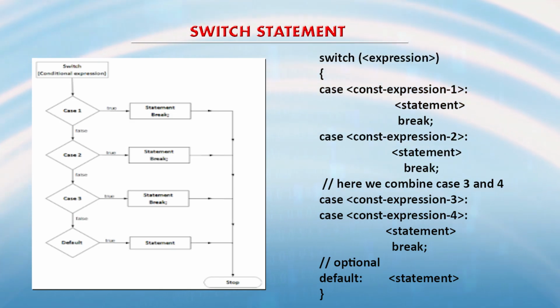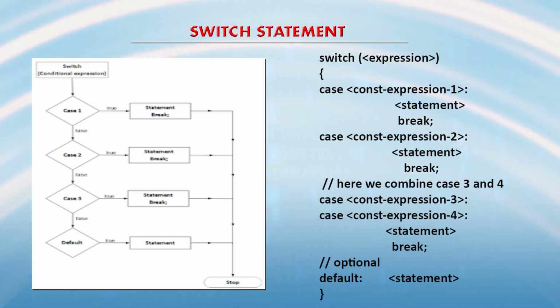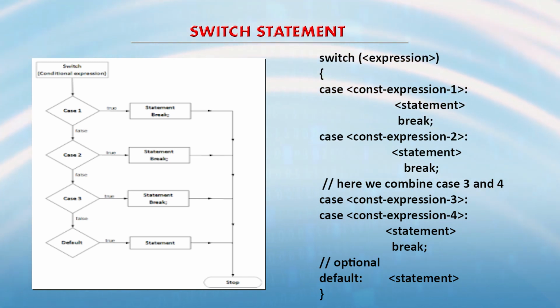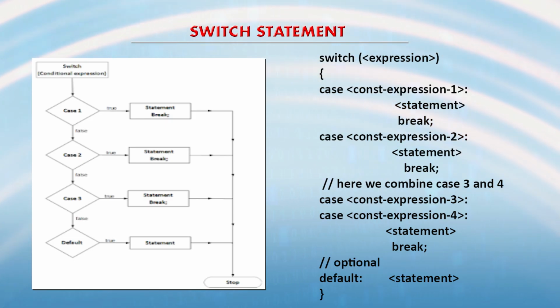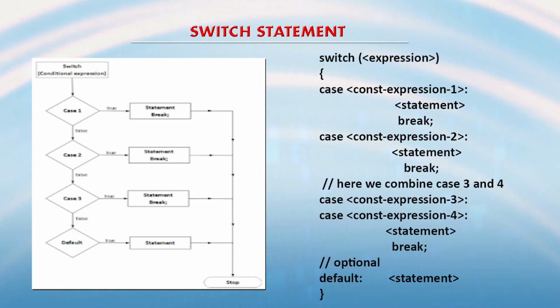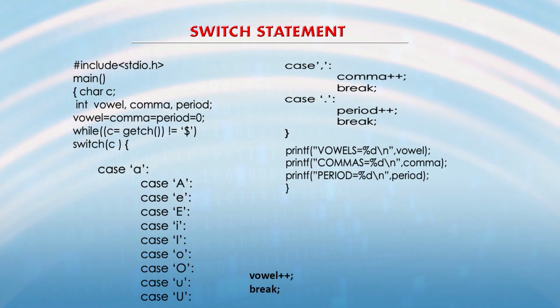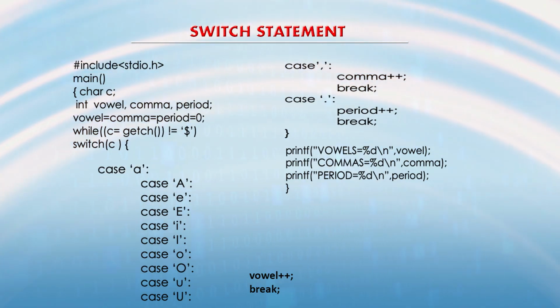So you are using the getchar function, and when the character is dollar, the program stops taking the input. Switch C, so you are taking the characters.